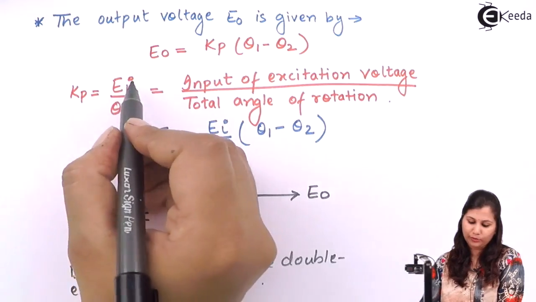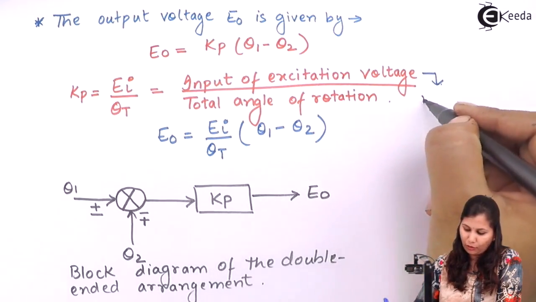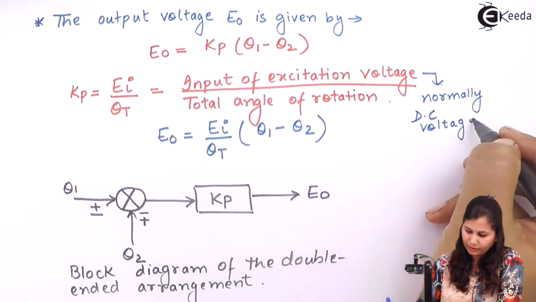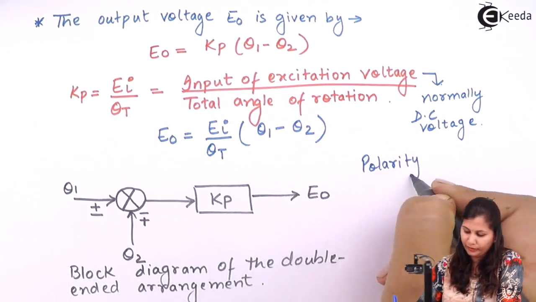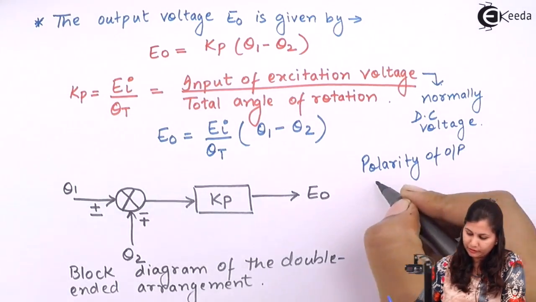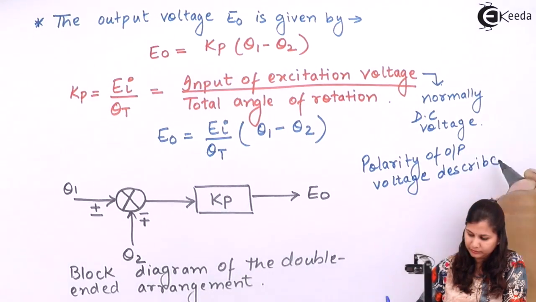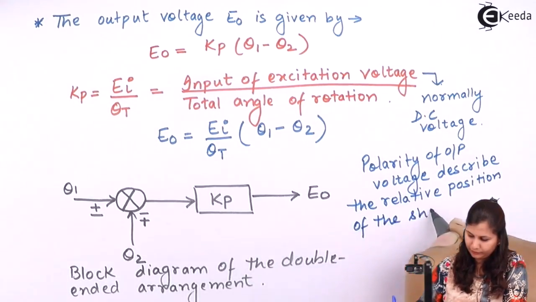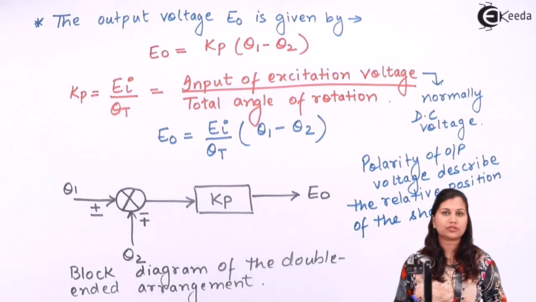Now as this Kp equals Ei by theta t, this applied voltage or input voltage is normally a DC voltage, and whatever the polarity of the output voltage, whether the output voltage is plus minus or minus plus, it will describe the relative position of the shafts, that is, in what positions these shafts are located.